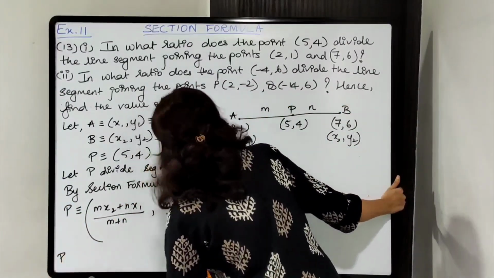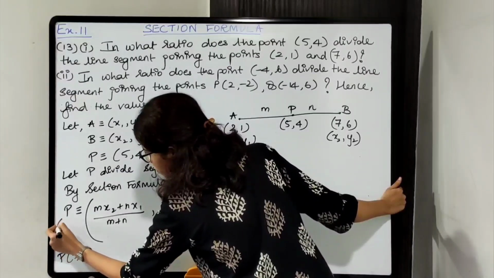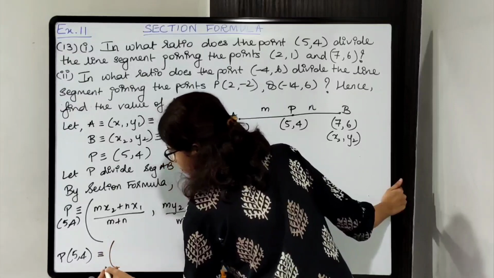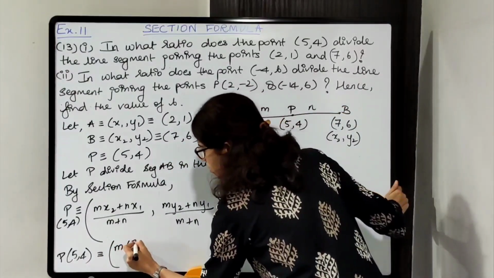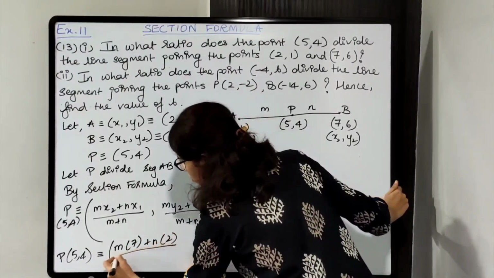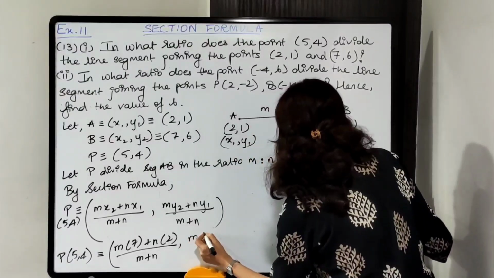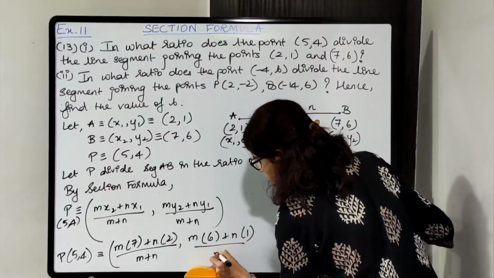So P 5 comma 4: it will be m into x2 is 7 plus n into x1 is 2 upon m plus n, and m into y2 is 6 and n into y1 is 1 upon m plus n.